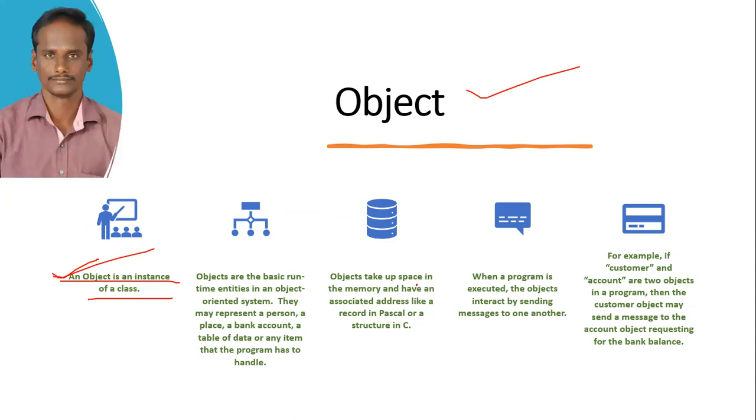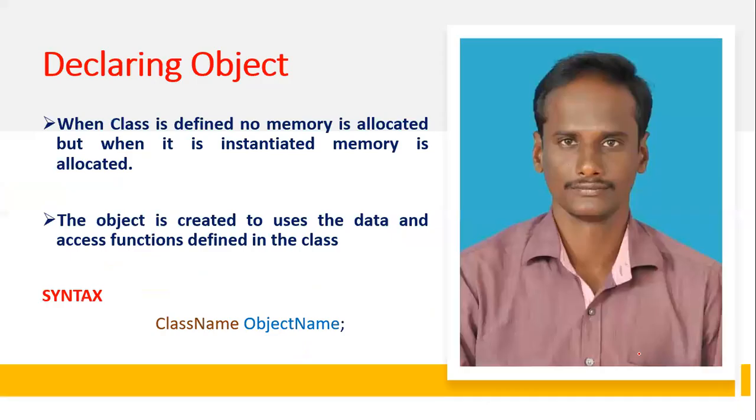Objects take up space in memory and have an associated address, like a record in Pascal or a structure in C. When a program is executed, the objects interact by sending messages to one another. For example, if a customer and an account are two objects in a program, then the customer object may send a message to the account object requesting the bank balance.